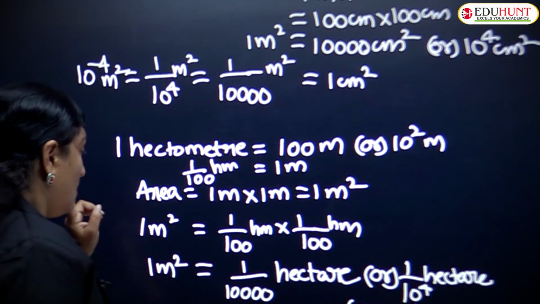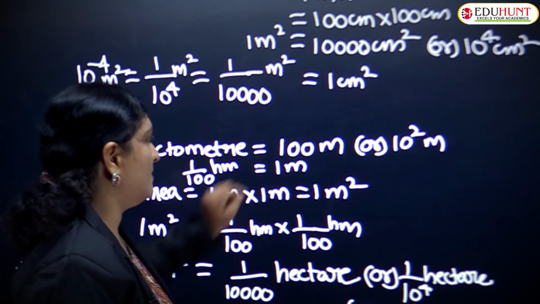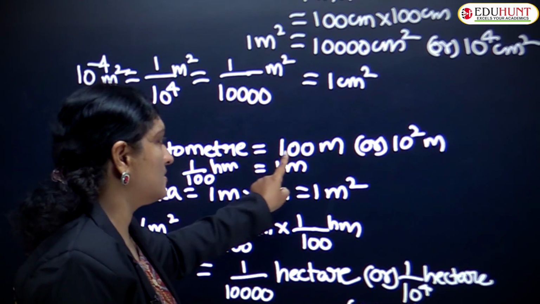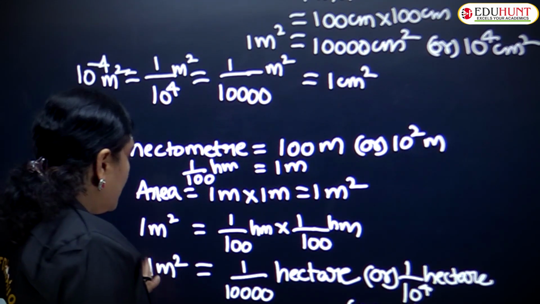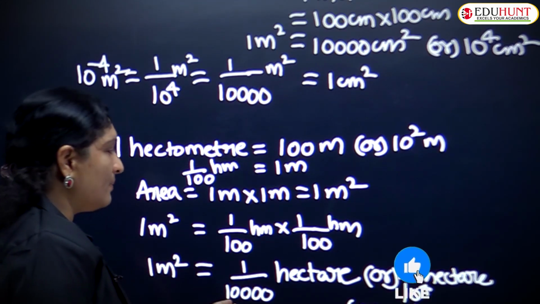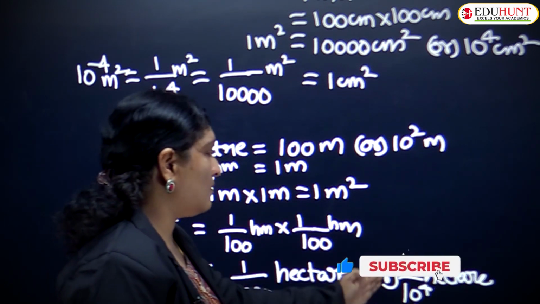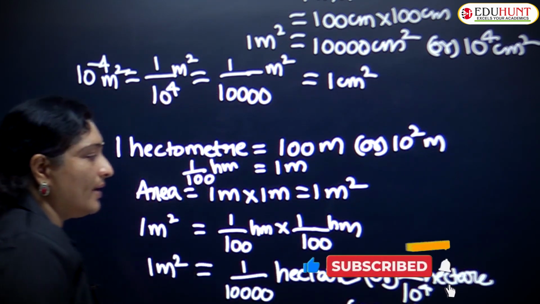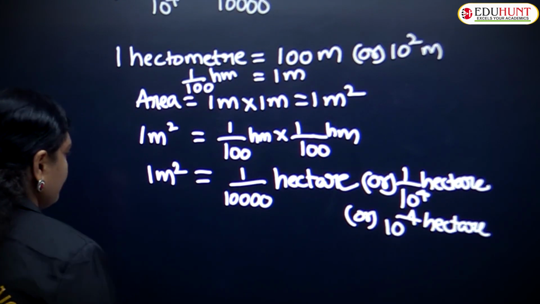Similarly, 1 hectometer is equal to 100 meters, or 1 meter square is equal to 1 by 10,000 hectare. So 1 meter square is equal to 10 power minus 4 hectares. Let me rewrite once again.